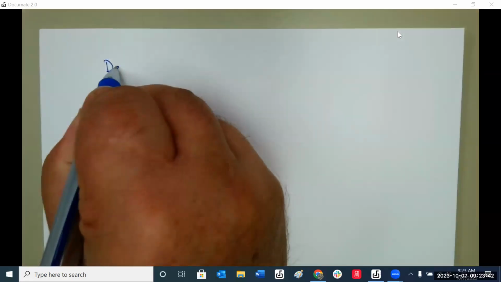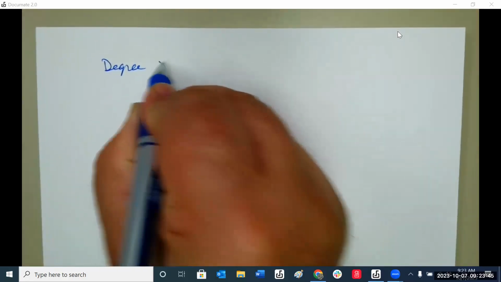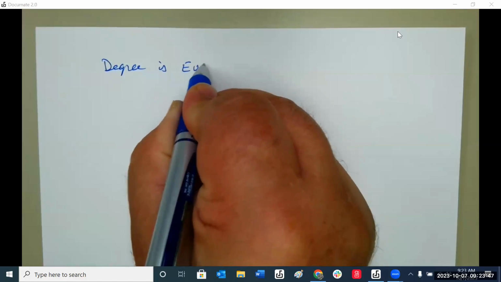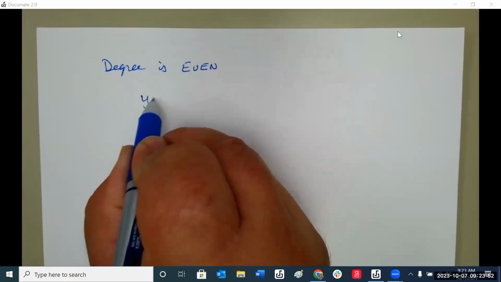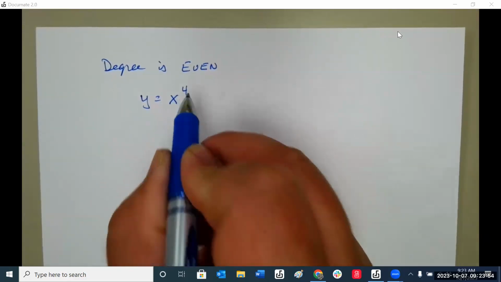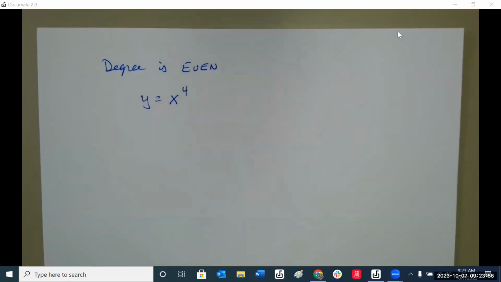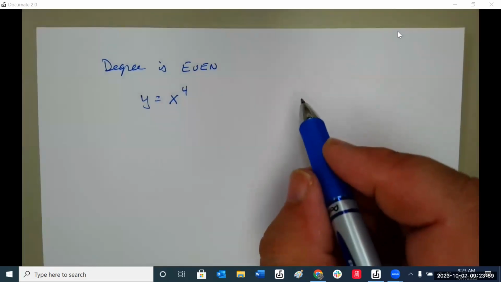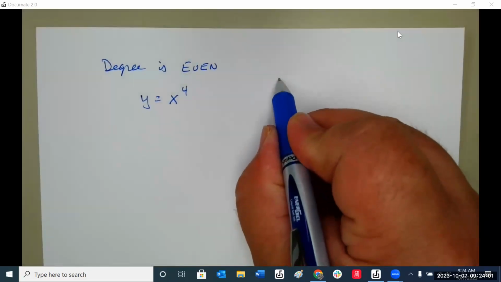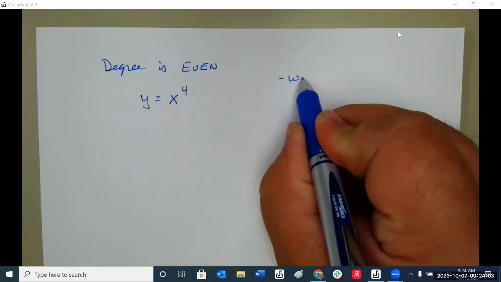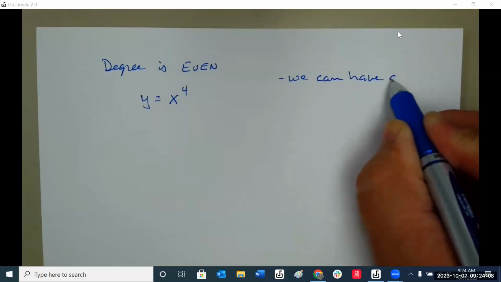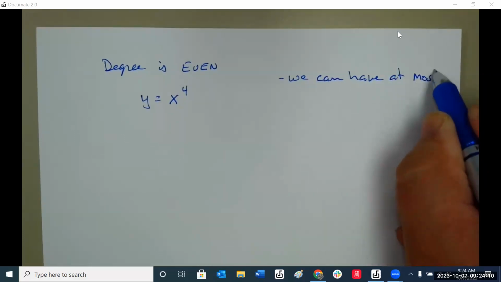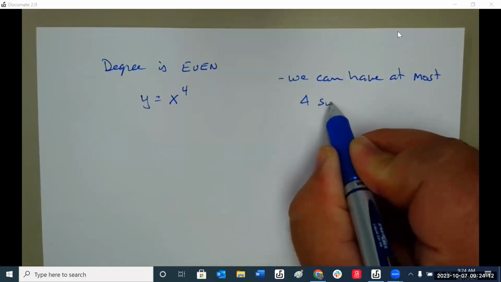If our degree is even, let's say a equals x to the 4th. Then we can have at most 4 solutions.